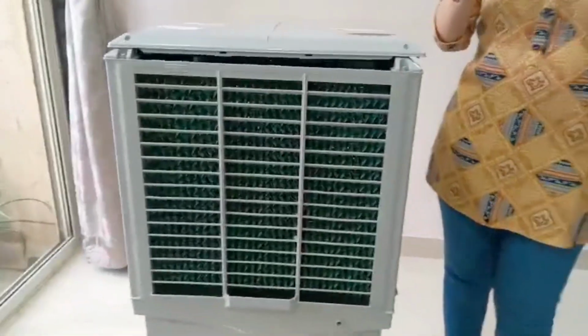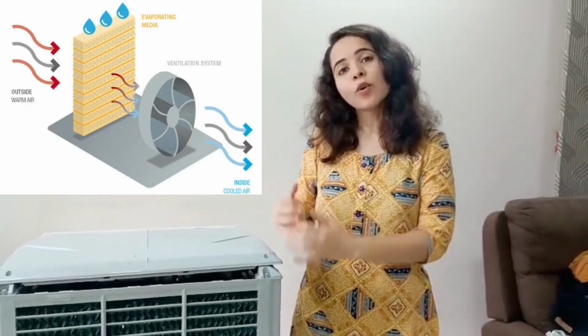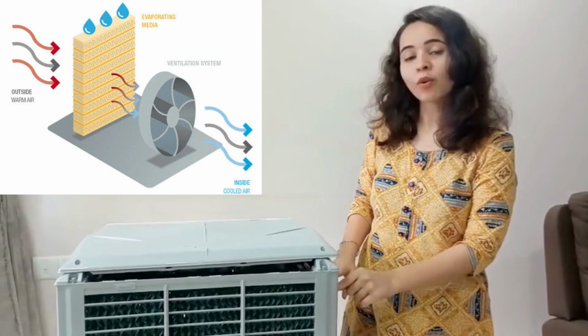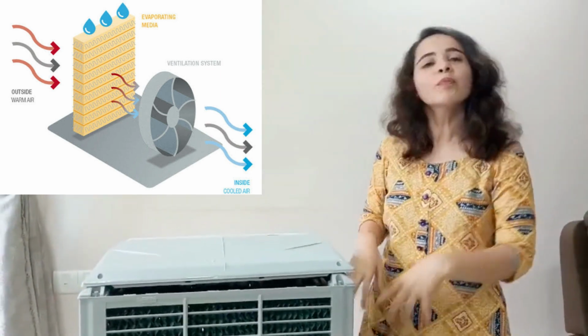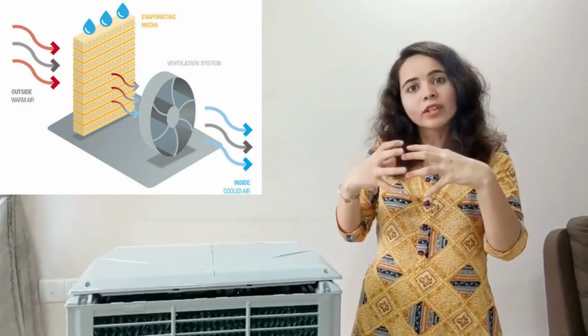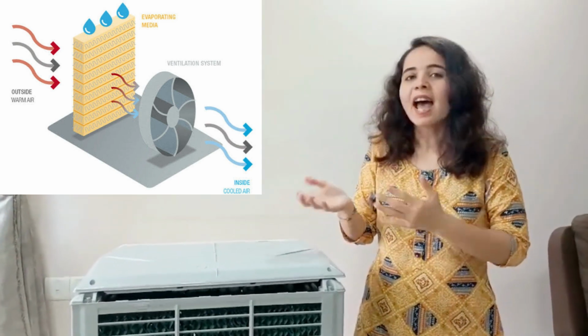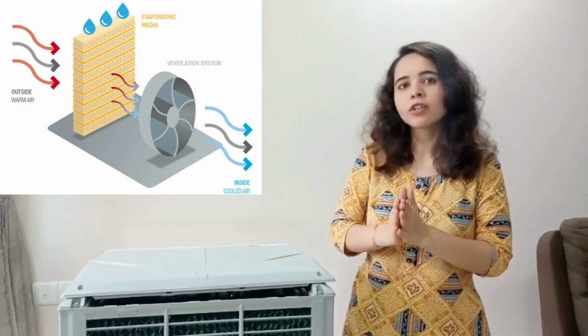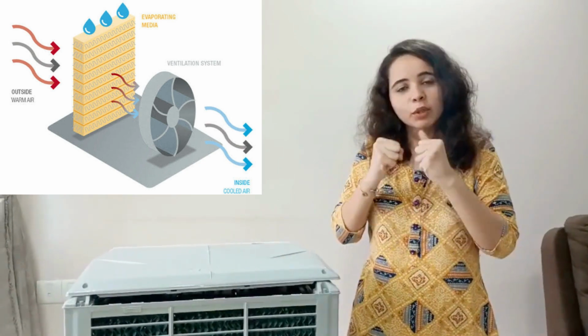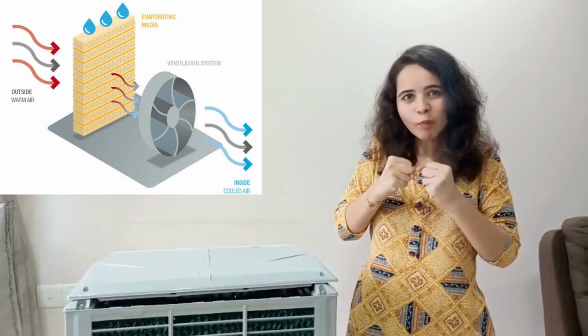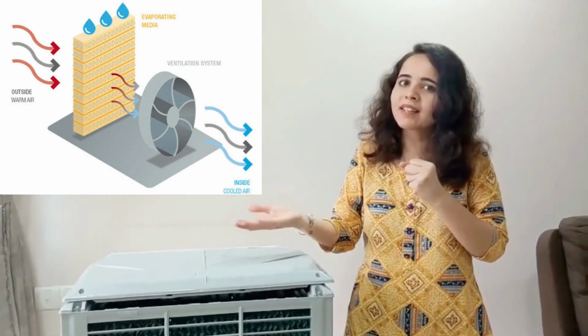Now what happens, the hot air which is coming from the outside is going to come in contact with the cold water in these cooling pads. Now this cold water is going to evaporate, and as you know, in evaporation you require heat energy. So whatever heat is there from the hot air, it is absorbed, and what remains behind is the cold air.